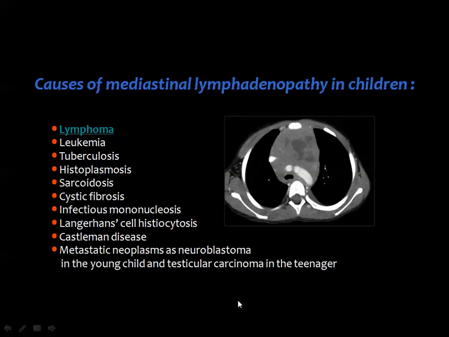Then mediastinal lymphadenopathy in children has many etiologies, and these include lymphoma, leukemia, TB, histoplasma, sarcoid, cystic fibrosis, infectious mononucleosis, histiocytosis, Castleman disease, metastatic neoplasms, especially in cases of neuroblastoma in young child, and testicular carcinoma in the teenagers.